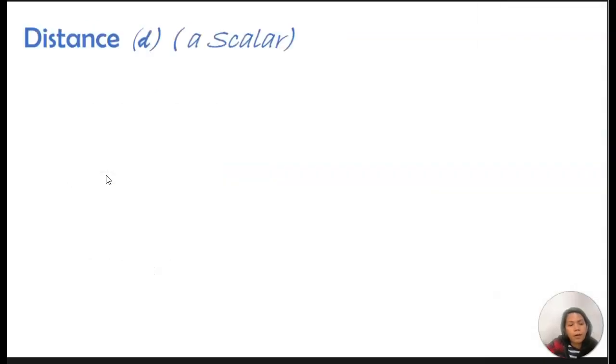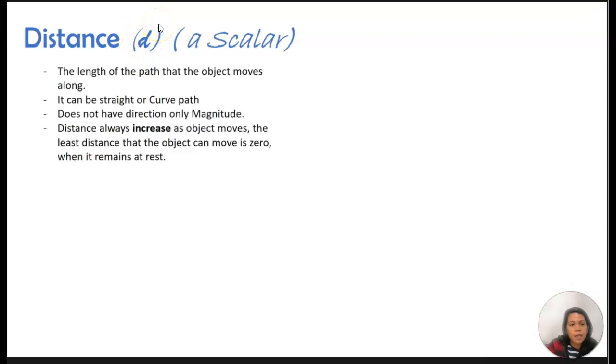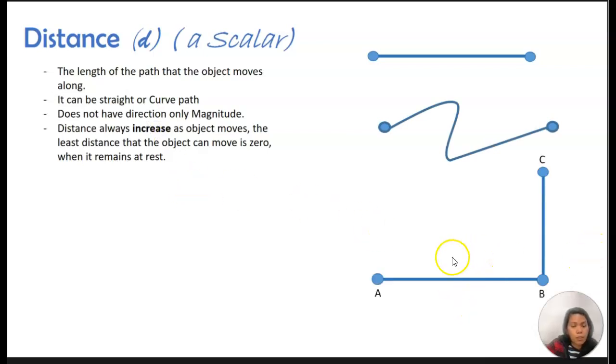One of the quantities that we will be discussing in this topic is distance, which is denoted with the letter d and is a scalar quantity. Distance is just the length of the path that an object took. It can be curvy or straight, it might be in two dimensions, x and y, and distance always increases. Distance can be 0 when an object is not moving, but it can never be negative.